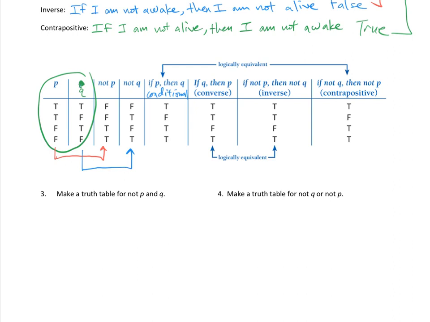So now down here, example 3 and 4, it's asking us to make a truth table for not P and Q. So this not P is a separate thing all on its own.